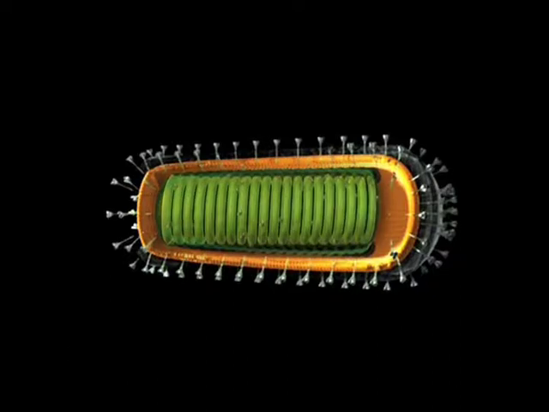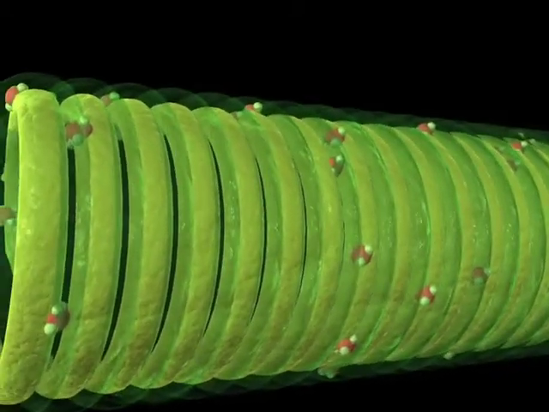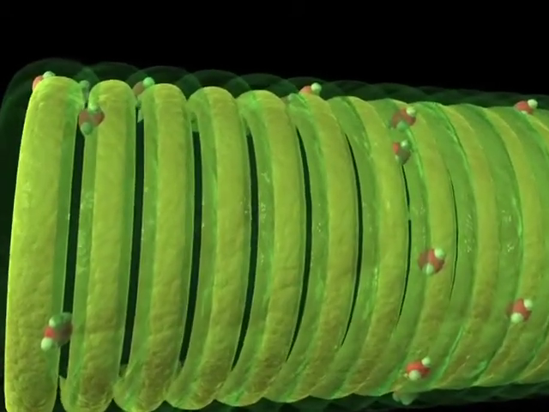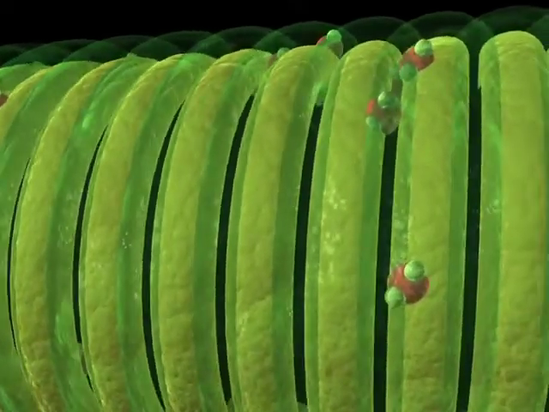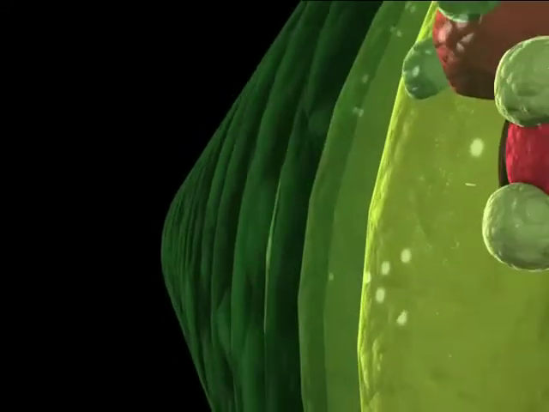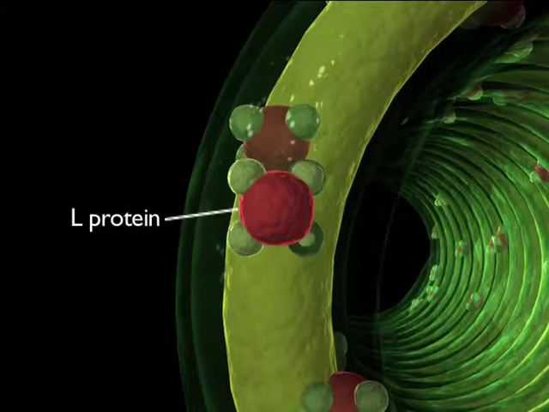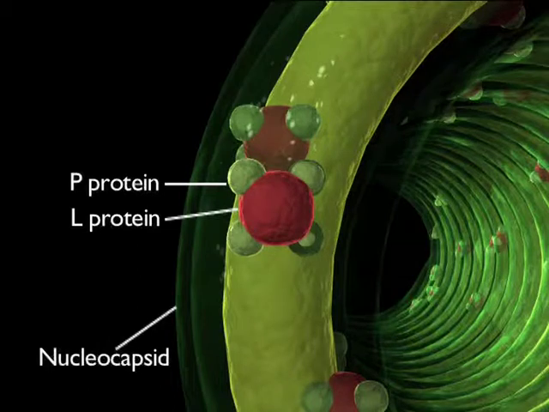But there are two more proteins in this complex, found in lesser amounts: the large polymerase protein L and the smaller phosphoprotein P. The L protein is probably responsible for all the enzymatic activities associated with RNA synthesis. The P protein is responsible for binding L to the nucleocapsid and the RNA.